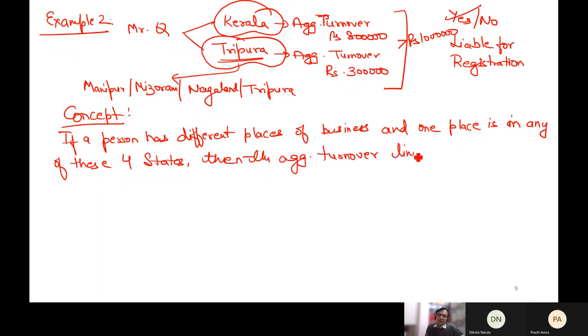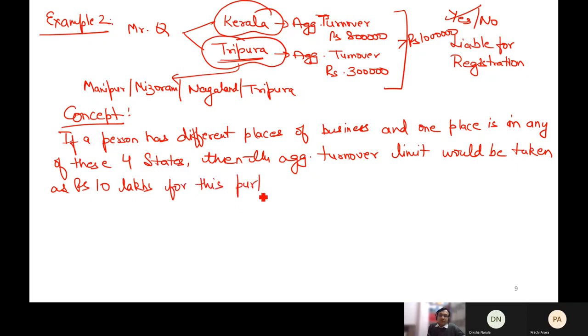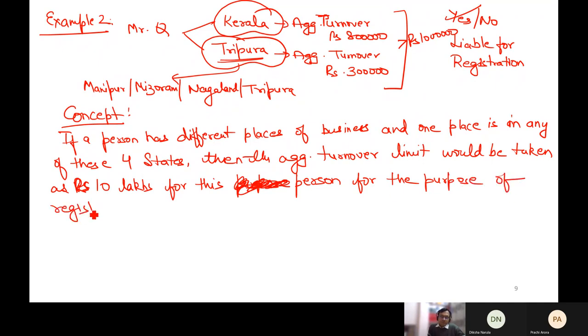Then the aggregate turnover limit would be taken as 10 lakh rupees for this person for the purpose of registration. I hope this point is clear. If yes, please raise your hand.